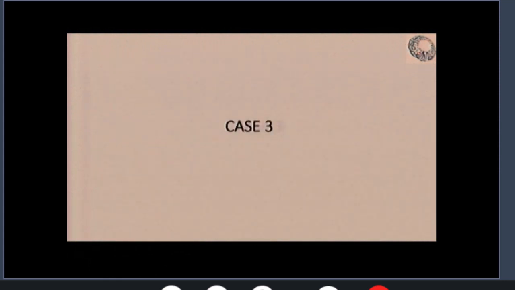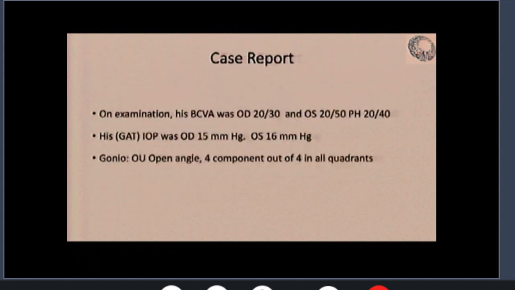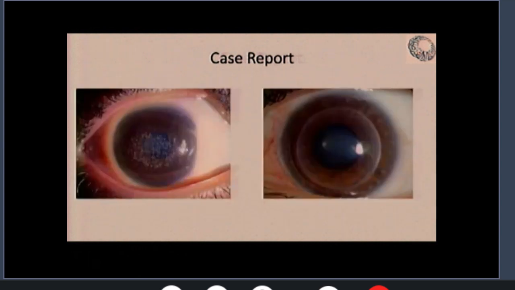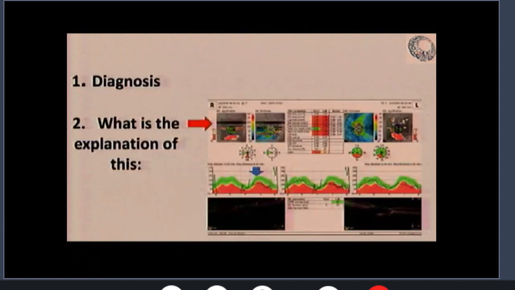The third case. Diagnosis. Steroid response. Simple.